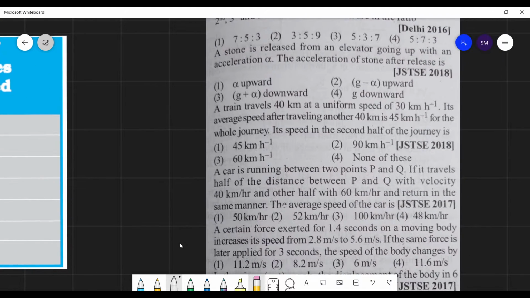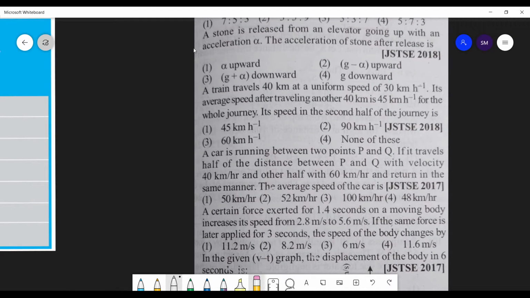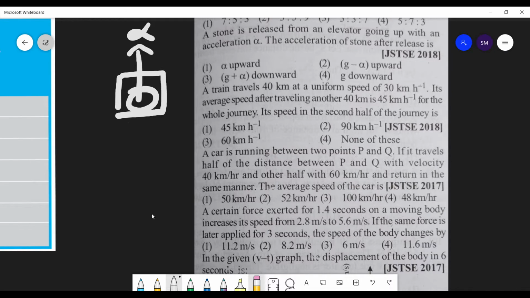A stone is released from an elevator going up with an acceleration alpha. So this elevator is going up with an acceleration alpha. Okay. So now, what will be the acceleration when the stone is released? So we have a stone over here, a small stone, and this stone is released.